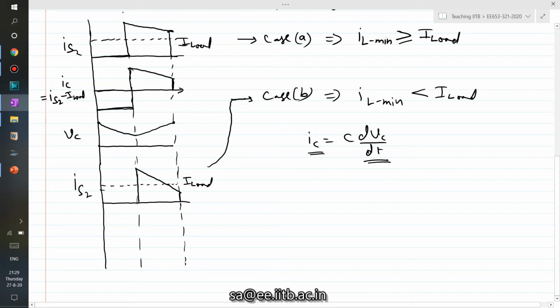This is what would happen. We'll come back to case B in a little while and also draw the waveforms for it. First, let's try to solve case A and find this delta VC.